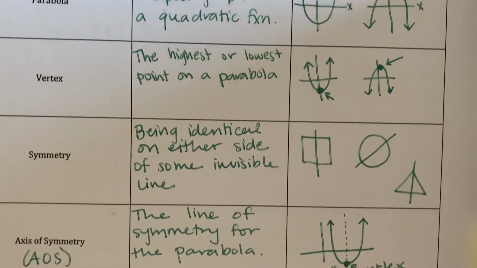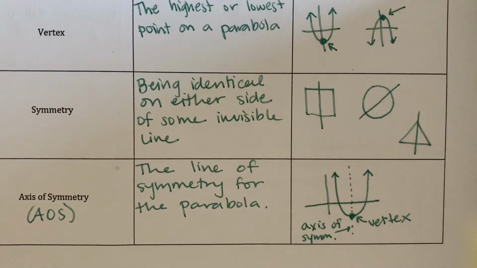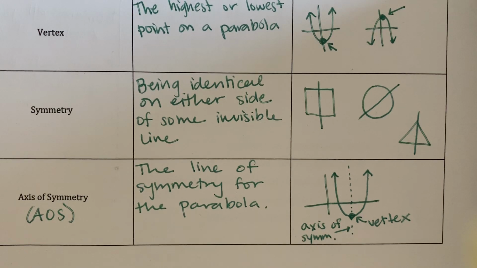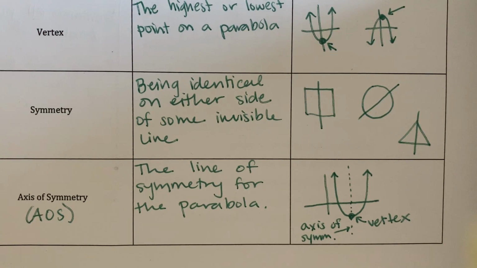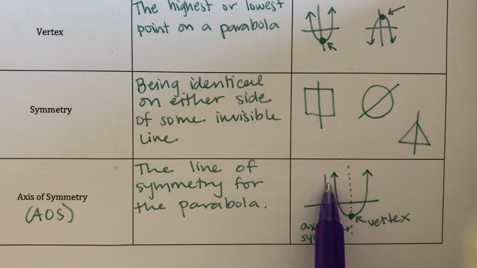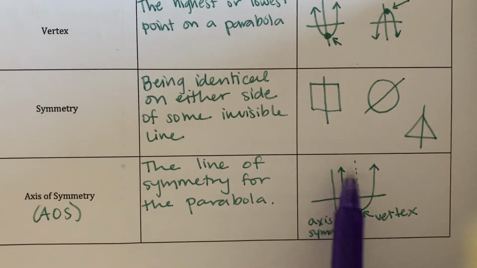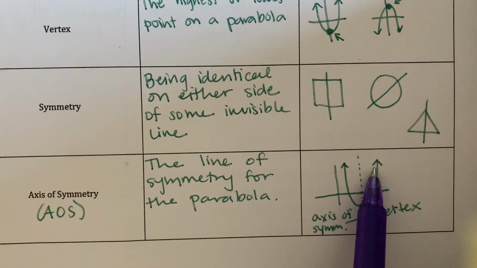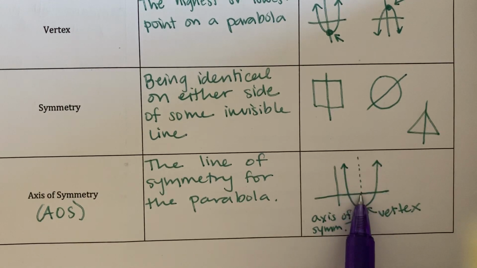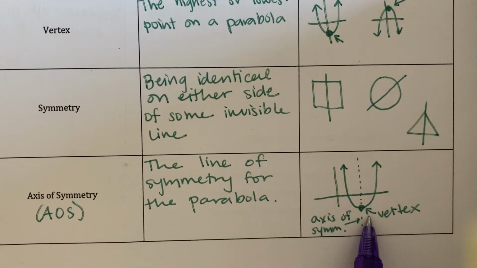But how this pertains to parabolas is this axis of symmetry. We'll abbreviate it in notes sometimes as AOS. And that is the line of symmetry for the parabola. So it's an invisible line that you'll have to identify. If this was the x and y axis, and here's a parabola, this vertical line that goes through the vertex is your axis of symmetry.